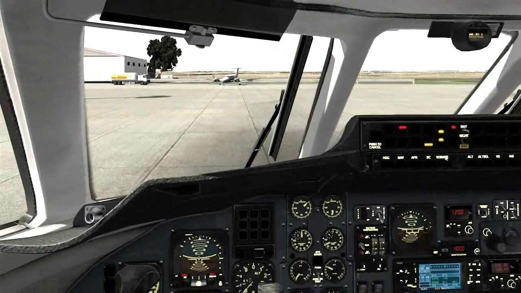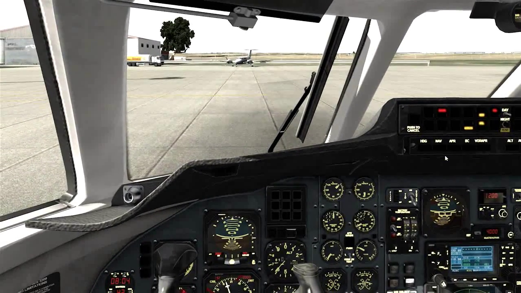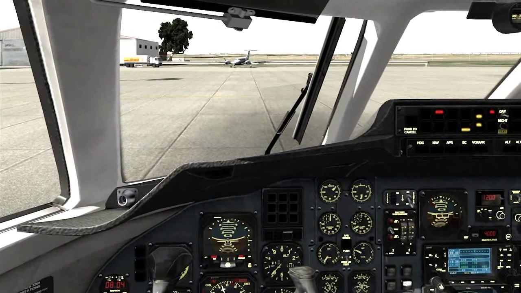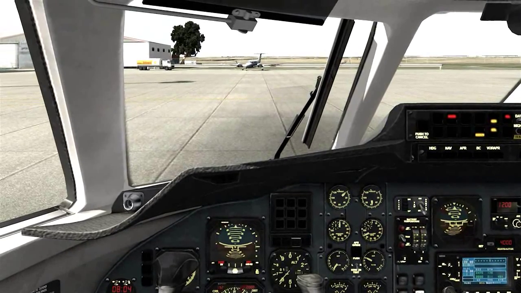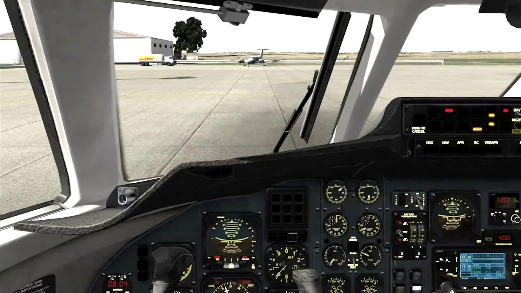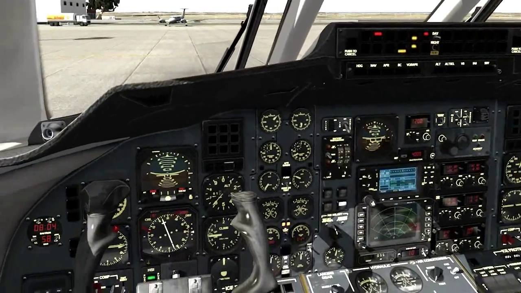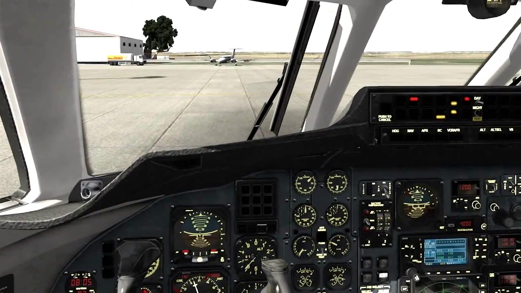In X-Plane right now, if you try to choose any default plane, both tanks feed both engines. That is not the proper way to do it in this plane. Each tank should feed only its own engine. So when the fuel of one tank is ended, then it should end all the process of that engine.